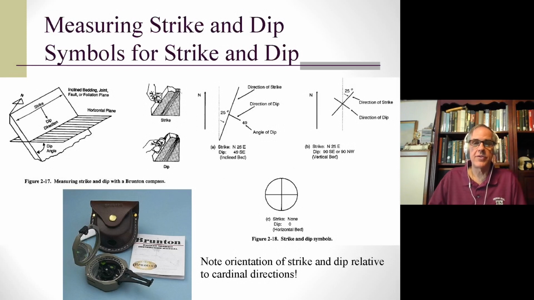This is a nice one, the one on the left. Traditionally this has been done with a Brunton compass. Now, of course, we've got electronic stuff. In fact, that's one of the big changes that we see in geotechnical engineering: the introduction of computer technology to do many of the same jobs we do, but with less effort, with a greater precision, if not necessarily accuracy, than we have done before.